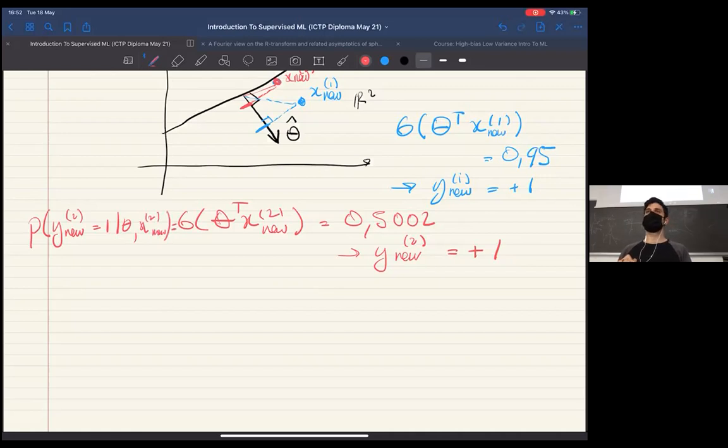So if this probability is very close to 0.5, you can decide not to classify it. Maybe you can decide that all the points that have a probability between 0.4 and 0.6, you will not classify them, never. If this number was 0.1, then you are again very certain of what the label should be. It should be -1.